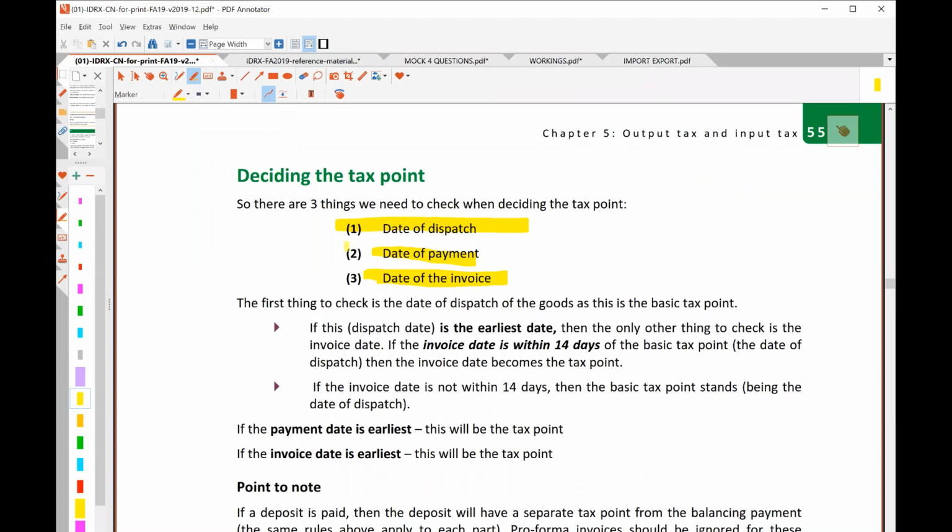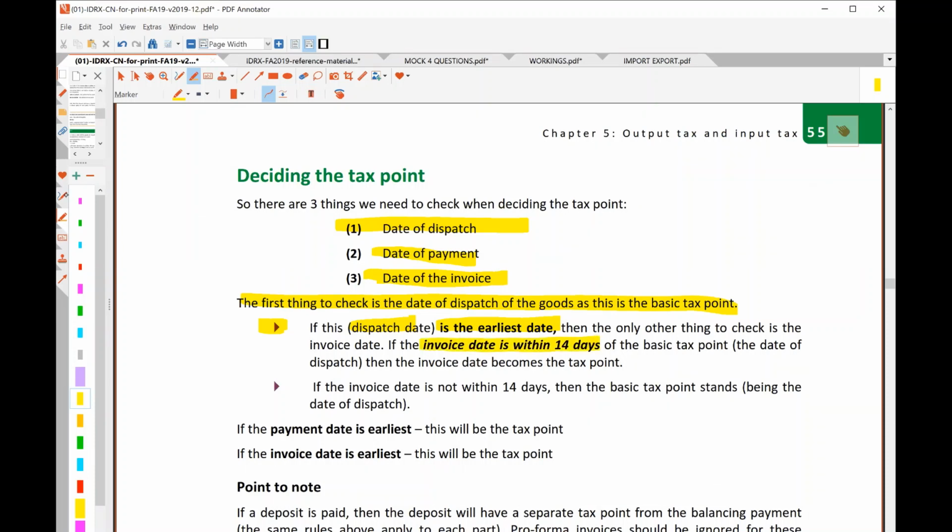One more little thing just to clarify. The first thing to check is the date of dispatch. That's your starting point, your basic tax point. If this dispatch date is the earliest date, so it's earlier than when it was paid and earlier than the date of the invoice, then the only other thing you have to check is if the invoice date is within 14 days of the basic tax point.